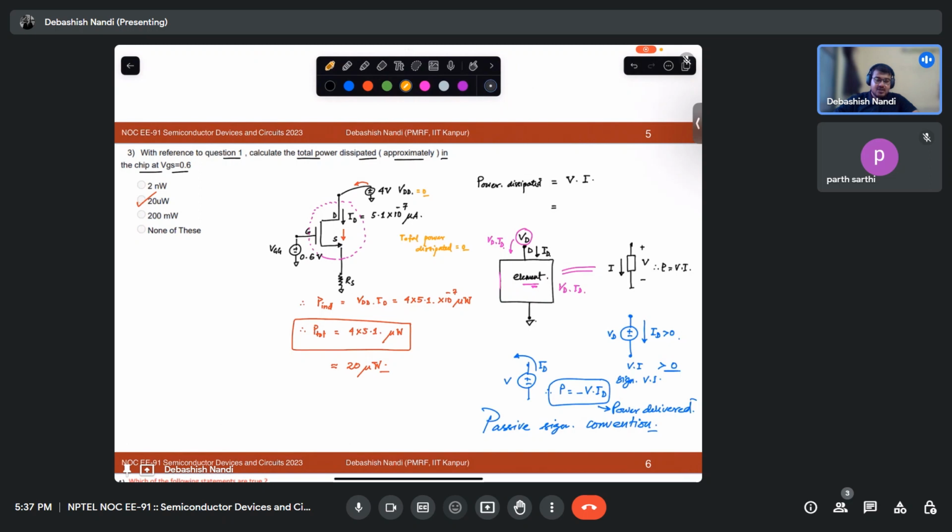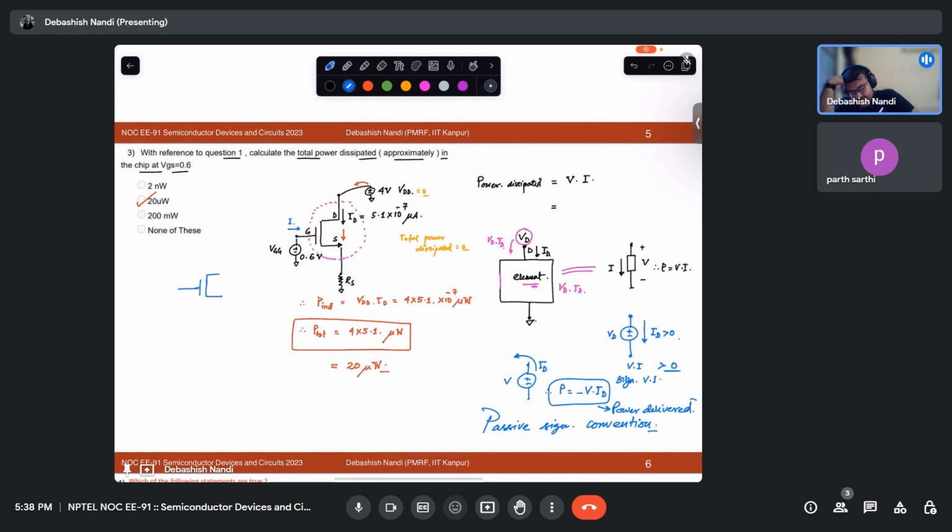Why is gate current 0 under DC condition? Yeah, that is a good question. Why should gate current be 0? Insulator, silicon dioxide is there. So from an insulator, no current will pass. Another way, what does it see?